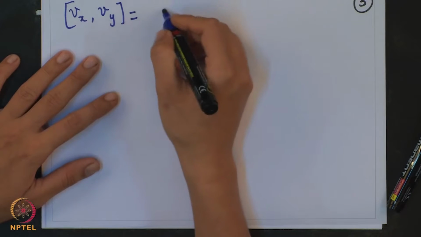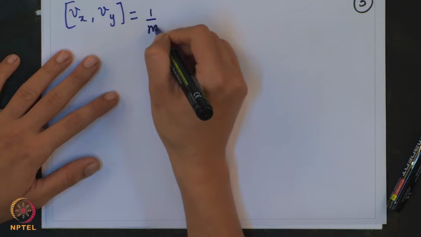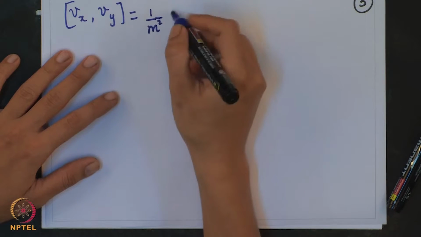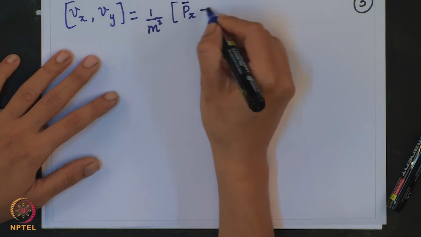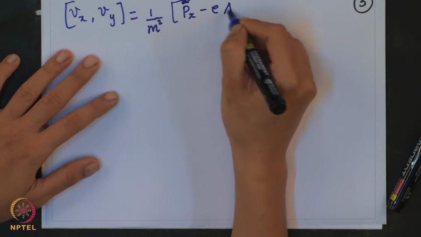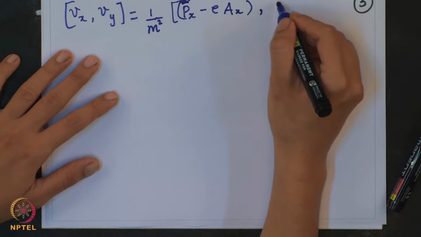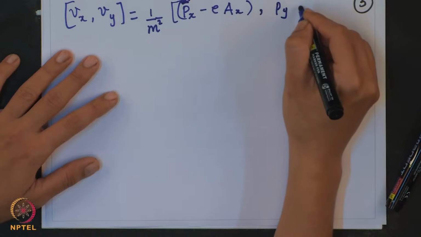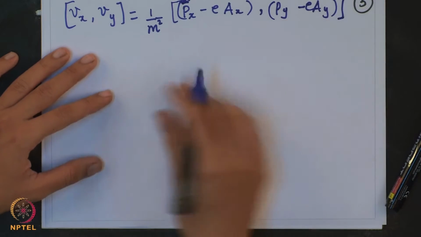So, the 4 terms would be, let me write 1 by m squared, I have p_x minus eA_x, the first term, commuting with p_y minus eA_y, correct.